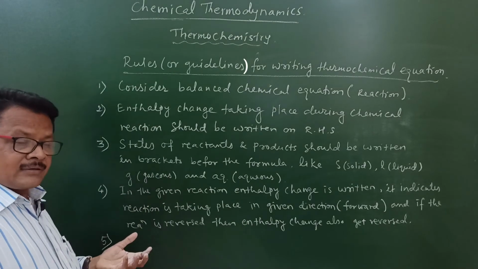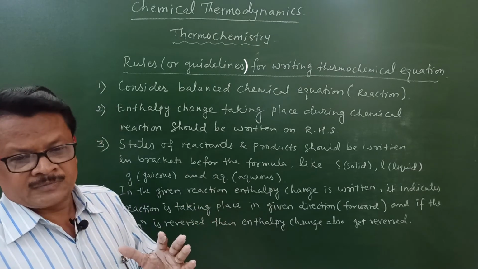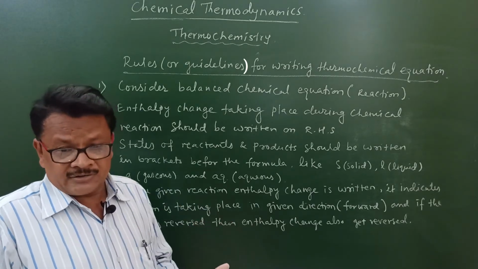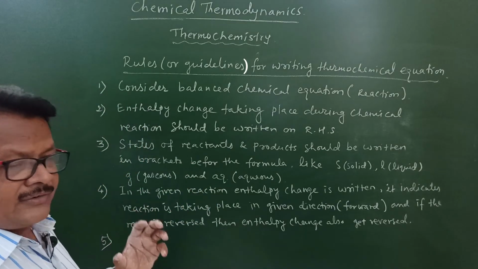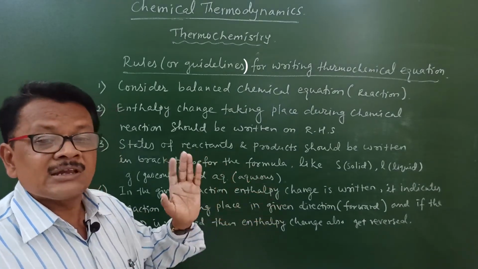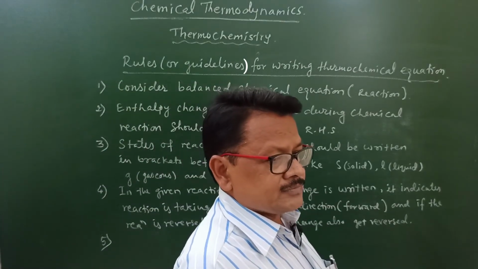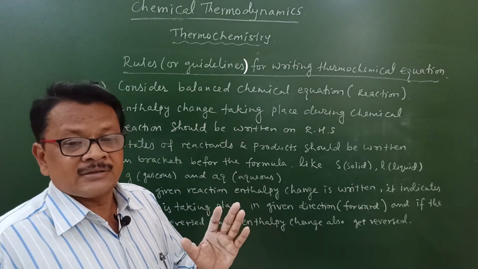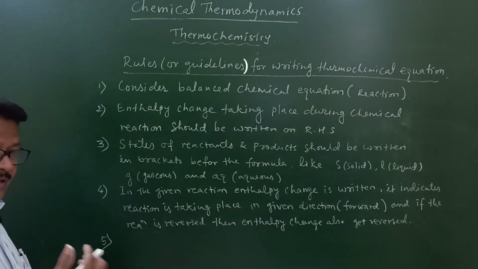If you want to multiply or divide by certain factors like 2, 3, etc., while solving problems, then if you multiply by a certain factor towards reactants and products, you have to multiply by the same factor towards enthalpy change also. Suppose you want to multiply a particular chemical reaction by factor 2, then enthalpy change is also multiplied by 2. So how can that rule be written?